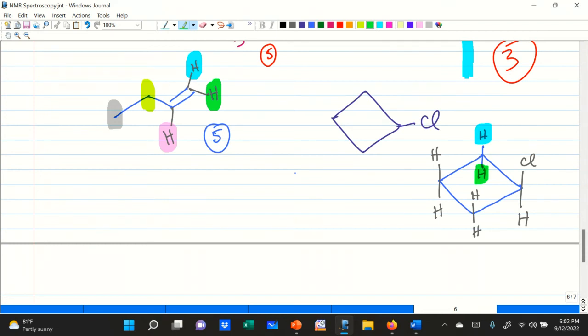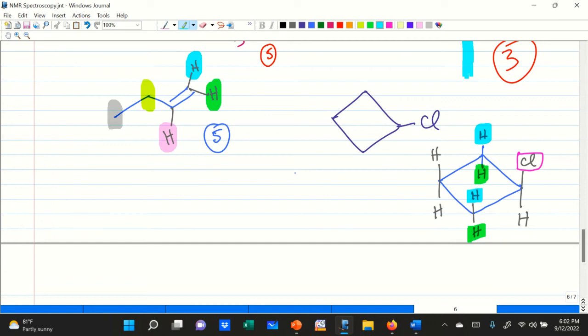They are different because the blue is cis with the chlorine, right? If you look at the chlorine as a reference, then the blue hydrogen is cis, whereas the green one is trans. However, the green one, whether it is trans or down, will be the same as this one. Likewise this one, they are the same carbon away.